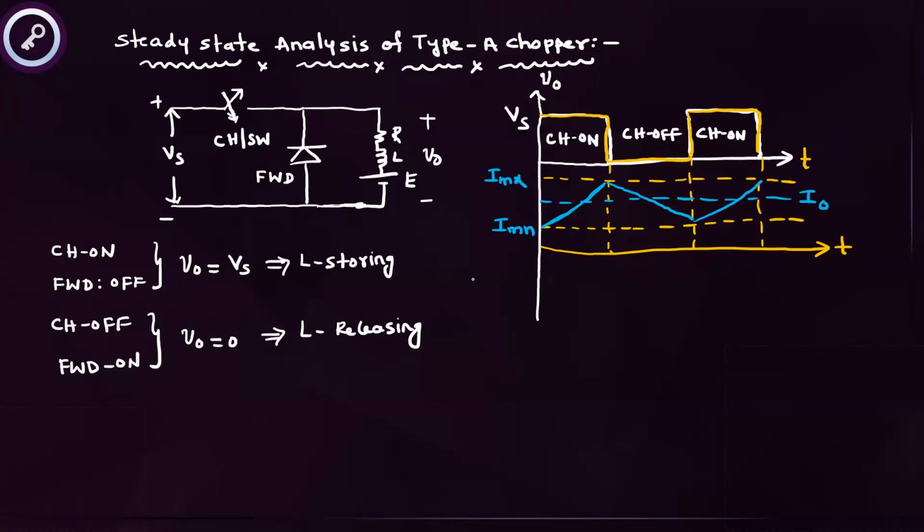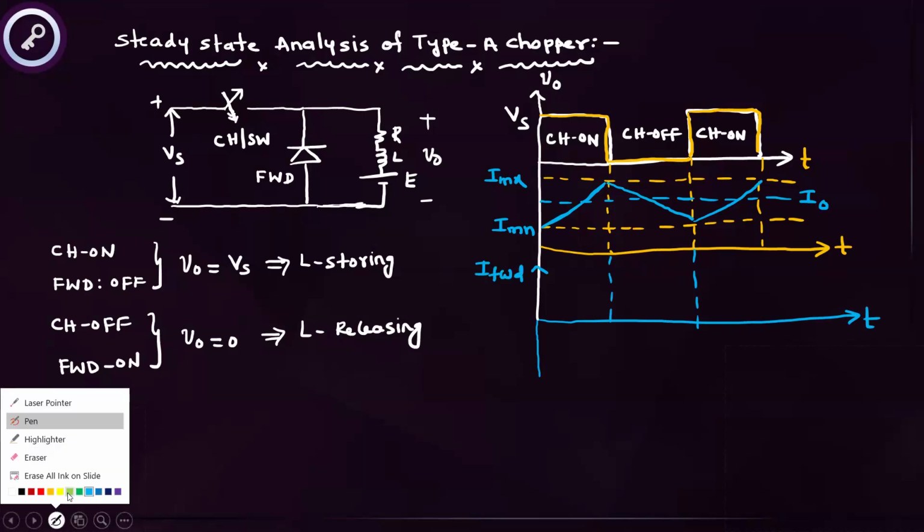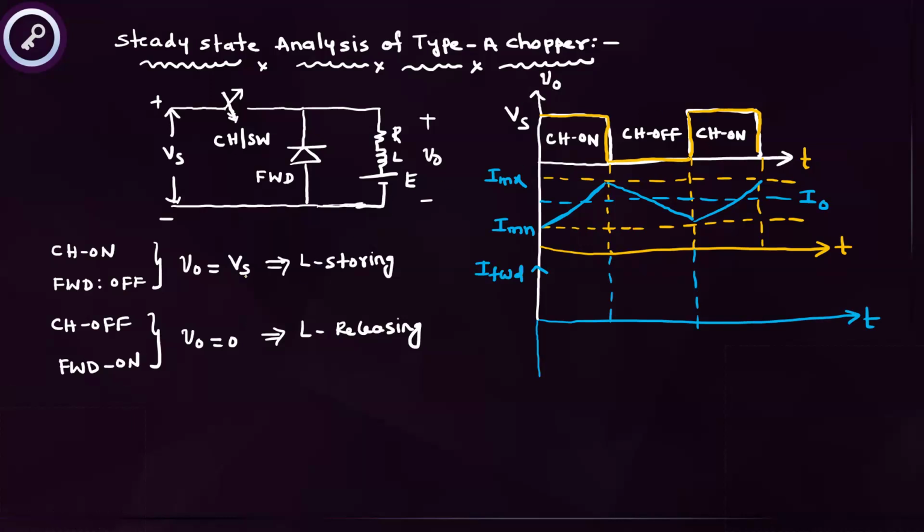Similarly, if you draw the freewheeling diode current waveform, during which time is the freewheeling diode conducting? Chopper off time. When the chopper is off, the freewheeling diode is on.